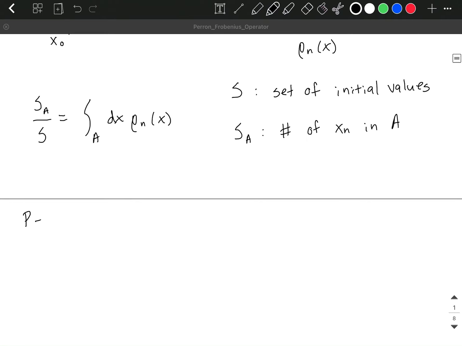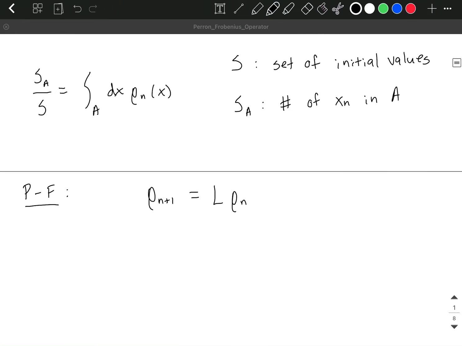The Perron-Frobenius operator is defined with the following expression: rho sub n plus 1 is equal to L operating on rho sub n, meaning that the operator is acting on the distribution after n iterations, and that is equal to the distribution of n plus 1 iterations. And this operator, again, determines the time evolution of the density rho sub n.